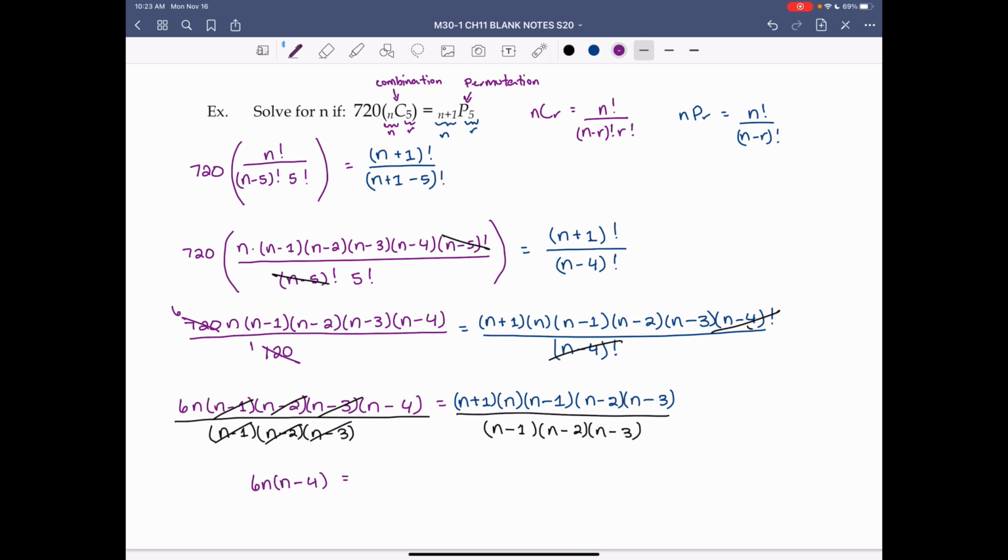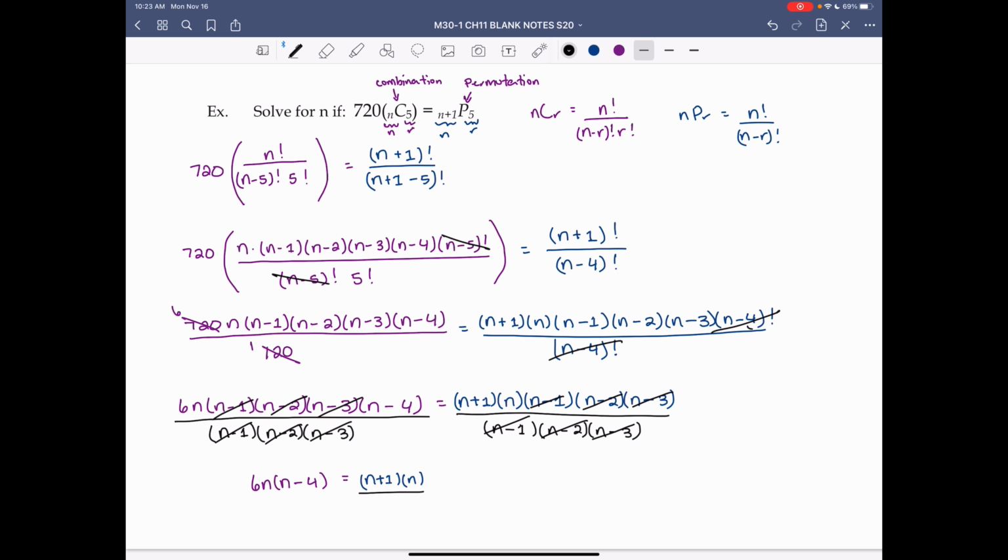And on the right side, n minus 1 divides out, n minus 2 divides out, n minus 3 divides out. And we are left with n plus 1 times n. Oh, and there's also a common factor of n on both sides. I should have added that up there, but that's okay. I can divide that here.